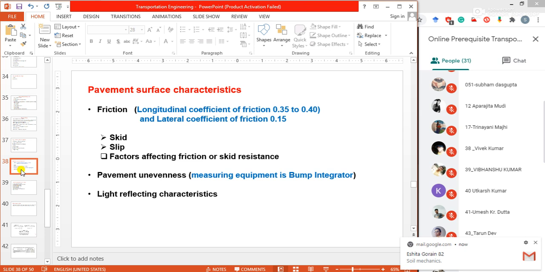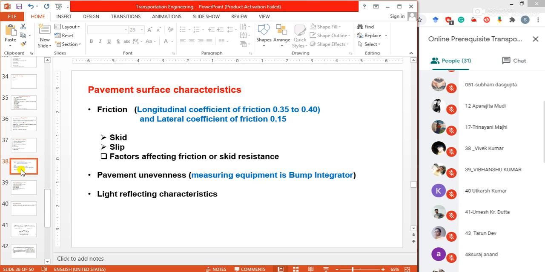That means when we apply the brake, the brake arrests the rotation of the wheels, and the speed of the vehicle also should be low.